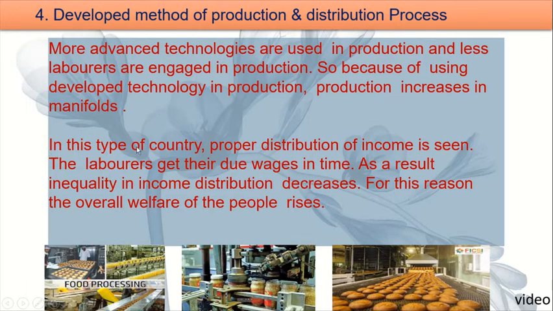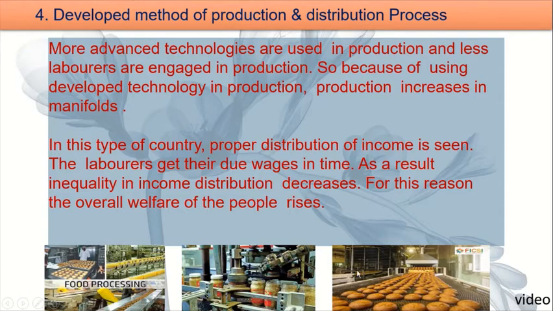Understand? In this type of country, proper distribution of income is also seen. The laborers get their due wages in time. As a result, inequality in income distribution decreases. For this reason, the overall welfare of the people rises. Understand? See, these are the developed food processing industry.